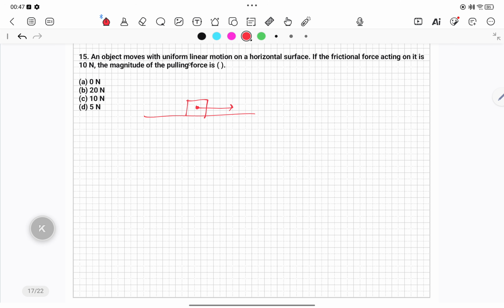It is given that it is moving with a uniform linear motion, so velocity is constant. If velocity is constant, that means acceleration is zero. If acceleration is zero, the net force acting on the object will be zero. That means the pulling force will be equal to the frictional force. So this force will be equal to the friction force, which is 10 newtons. So according to this, option C is correct.